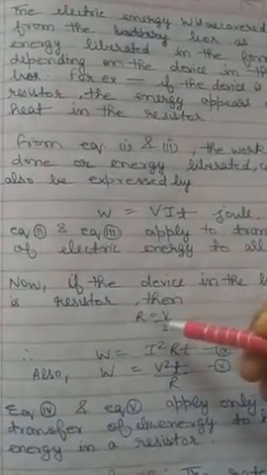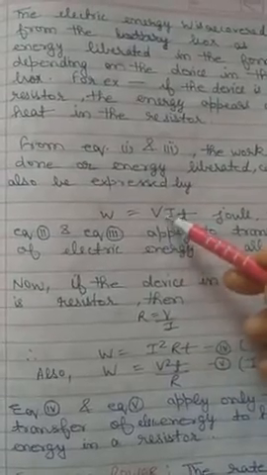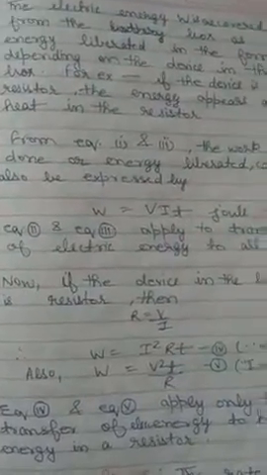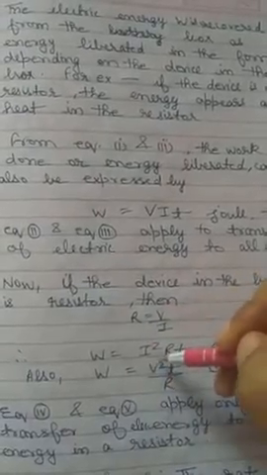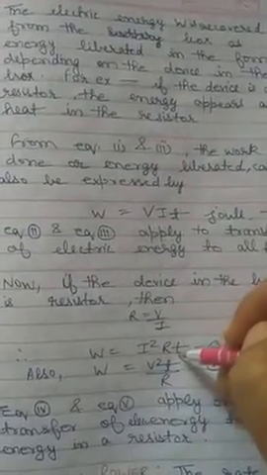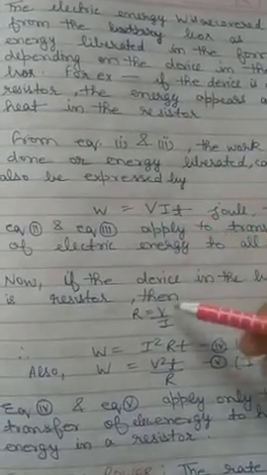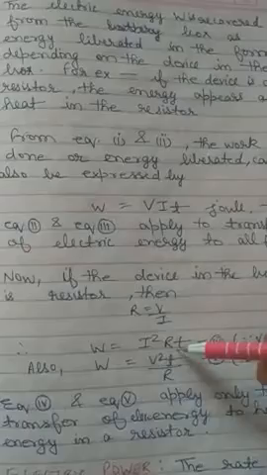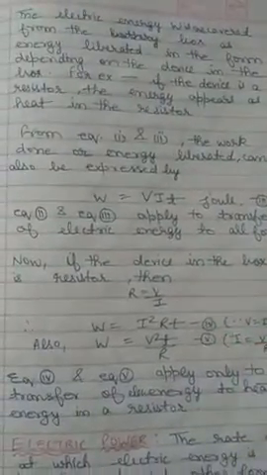So now if we are considering that inside the box there is a resistor, in case of resistor we know that its resistance will be equal to V upon I. So in place of V, if we place IR, this W will become equal to I square R into T. Now in place of I, if you place V by R, then this will become V square T by R. So these are the relations that we get for the electrical energy.